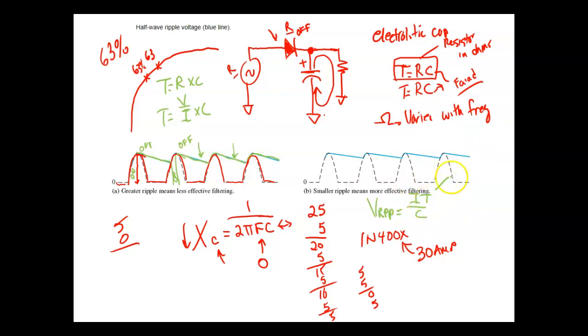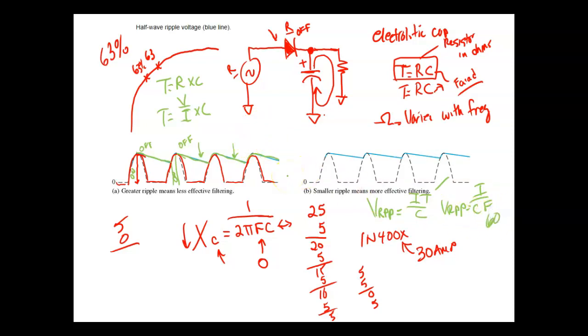And then, of course, we know that time and frequency are the reciprocal of each other. So this is probably the easiest one to use. It's I over C times F, right? So for halfway, we would use the input frequency. So down here we'd use 60.